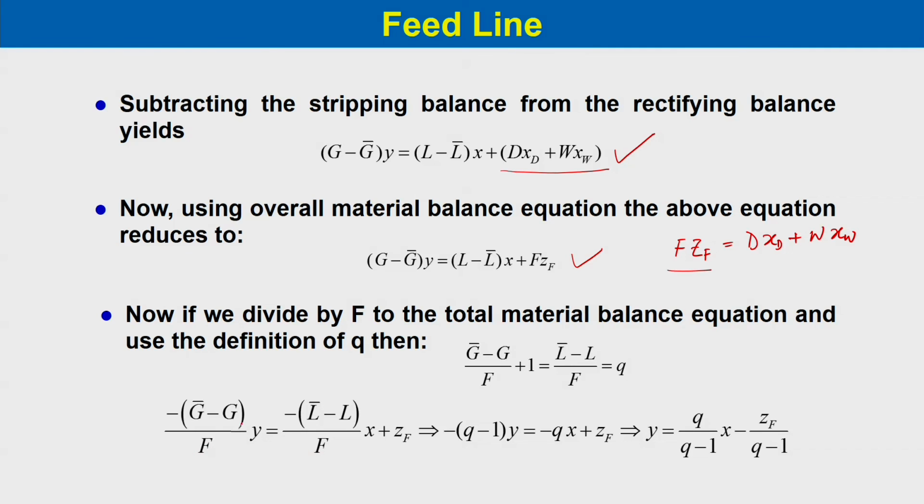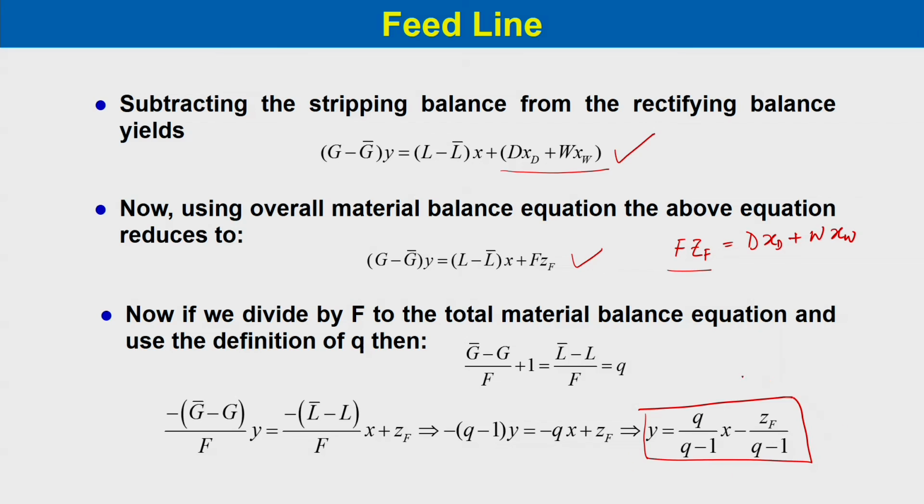So, this is nothing but q. So, minus (q minus 1) into y is equal to minus q into x plus zF, and if we simplify, this will give y is equal to q by (q minus 1) into x minus zF by (q minus 1).